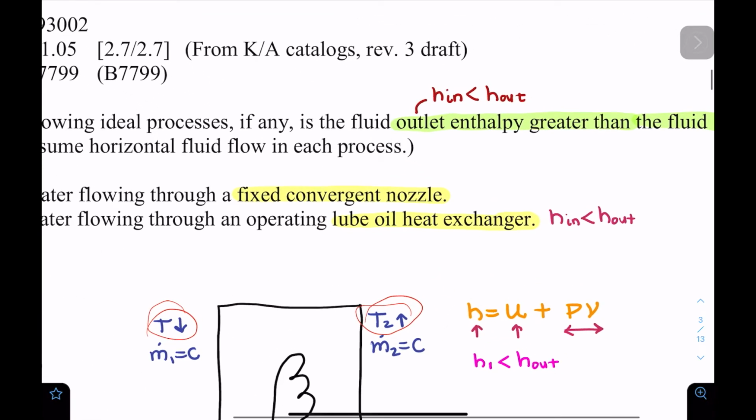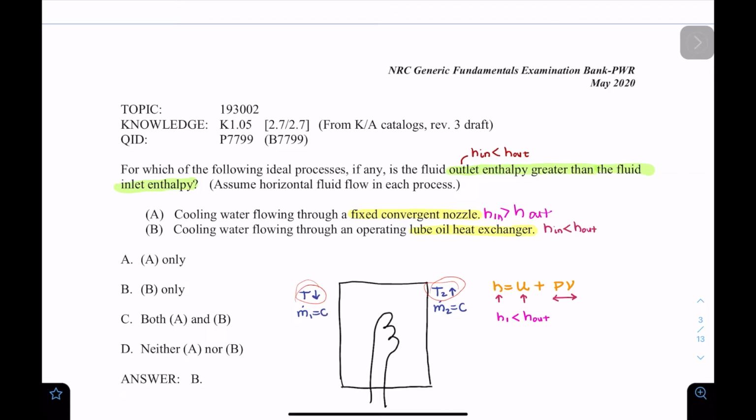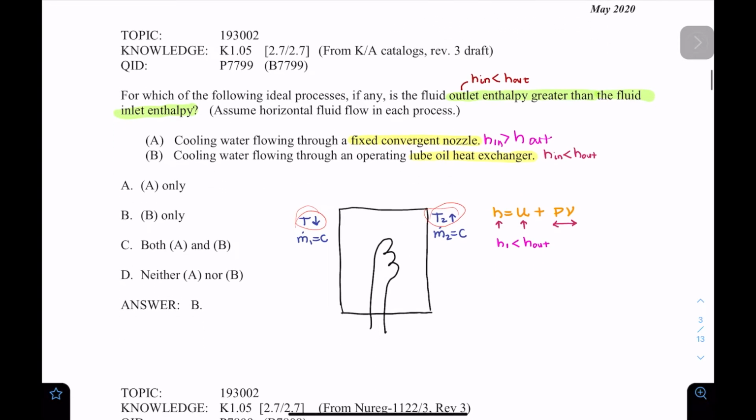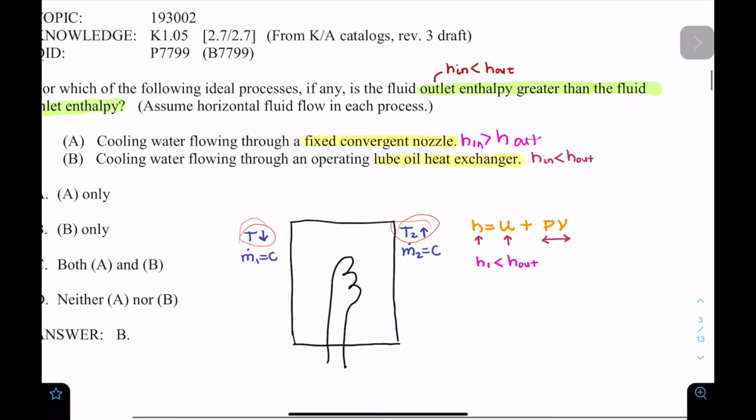But here, remember what we determined from the convergent nozzle. We have this one being greater than this one. So if we remember, we already know that A is not going to be the answer, right? So we just need to analyze this other one. For this one, the only thing we are changing is our temperature.